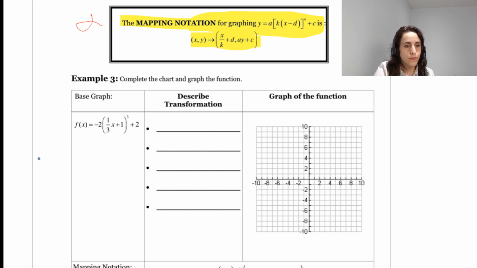I need more space. One over 3. And if I factor it, it's gonna be x plus 3, if I'm not wrong, yes?